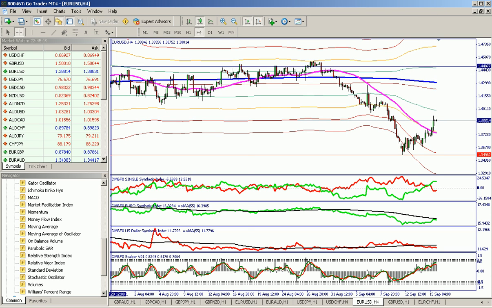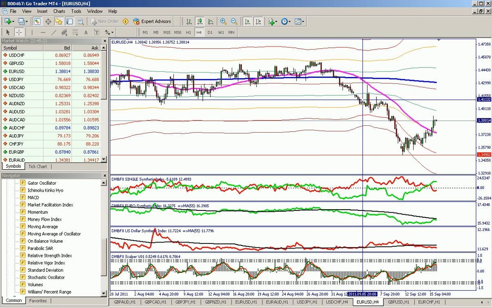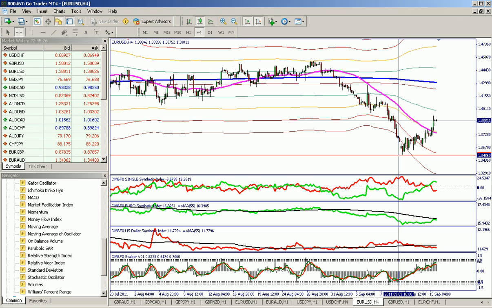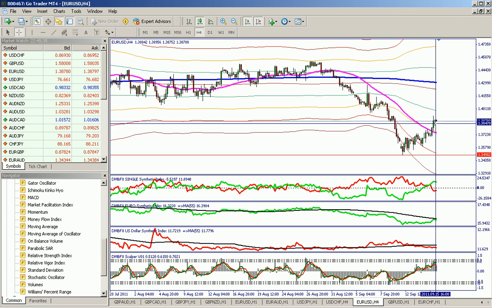So let's start. As you can see here, we've got the chart open. You see that the Euro USD has dipped quite a bit and reached a support point at 1.34906, and after that it's pretty much started to bounce up again.